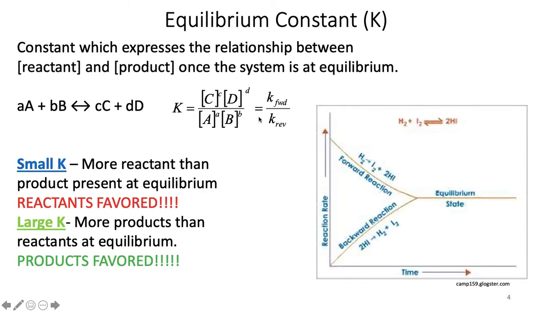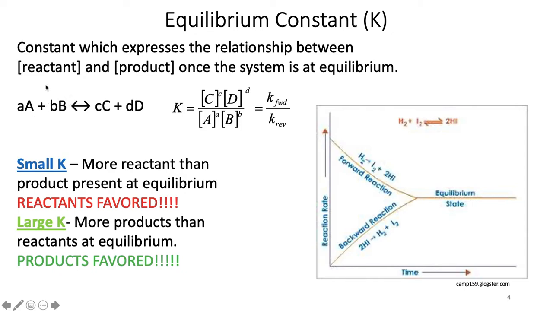So if I have a large denominator to give me a small value for K, that means I have a lot more reactants than I do products at equilibrium. If I have a small K, that means reactants are favored, meaning this reaction is not going to proceed very far towards the products in the forward direction.